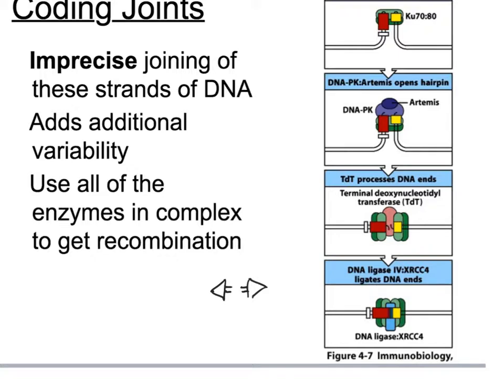What else could happen? If you're adding random nucleotides, what could happen? Remember the two pieces that have to line up. When they line up and we do transcription, these two have to create a functional protein.